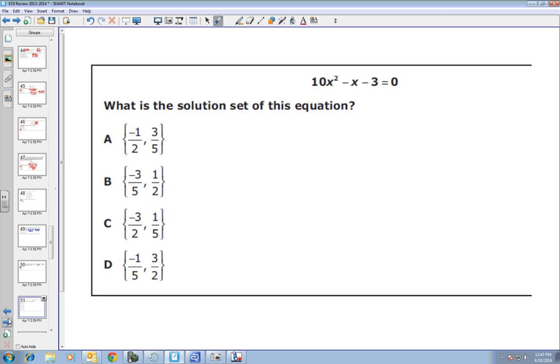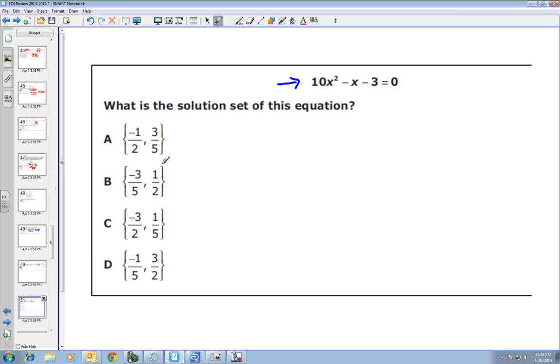All right. What is the solution set of this equation? Okay, I'm going to show you 2 different ways to do this. All right. Here's the first way. The solution would be when I graph this, it has to cross at my points. That's my answer.